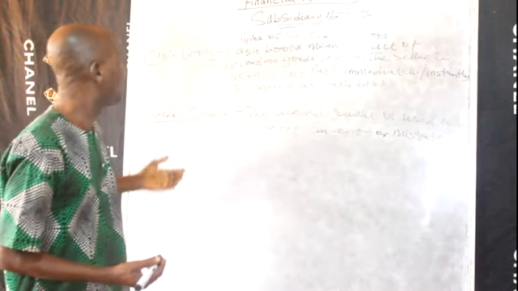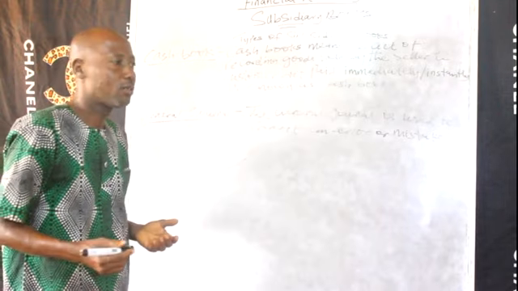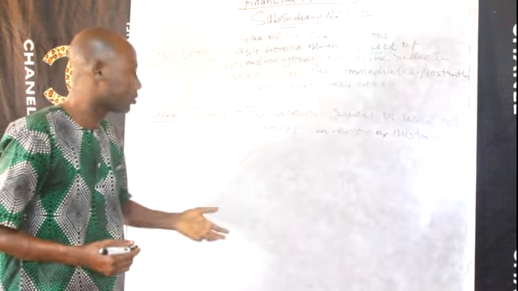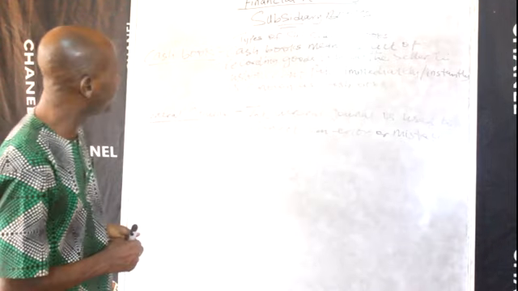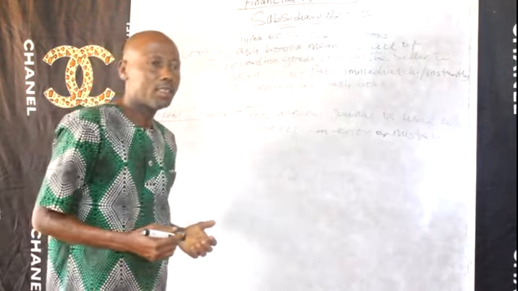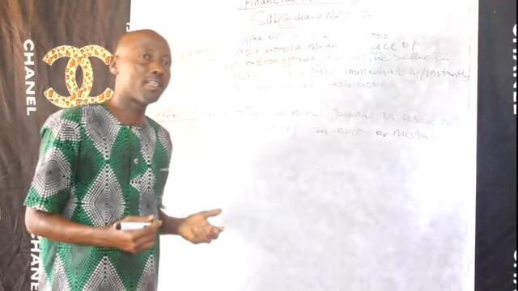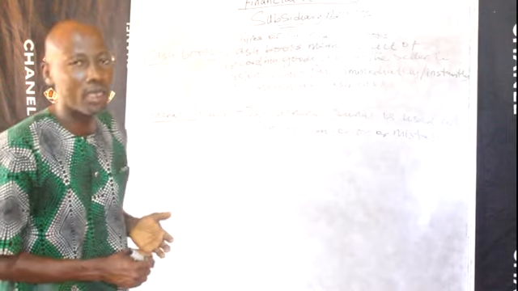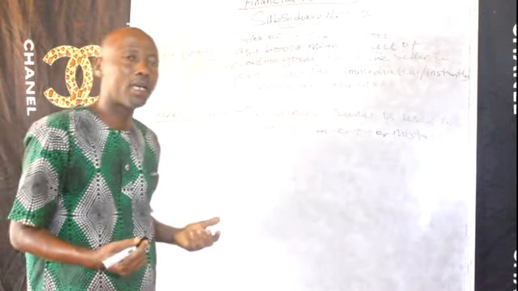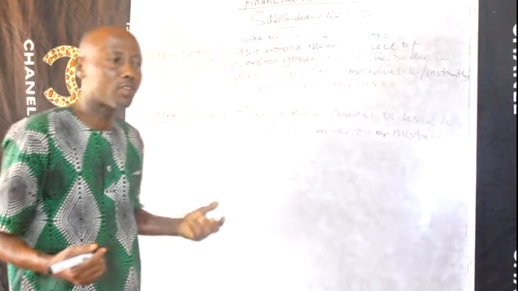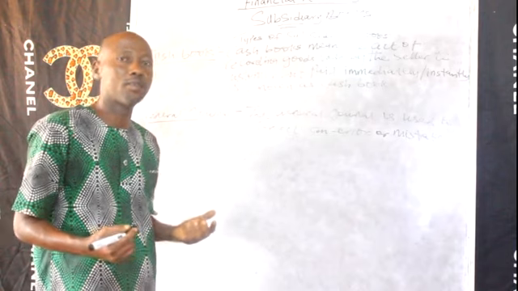So, my dear students, I believe we all understand what the meaning of subsidiary book is. Now, before I stop, I want to tell you this: under the types of subsidiary books, I said we have the sales journal, the purchase journal, the returns inward book, the returns outward book, the cash book, and the general journal.